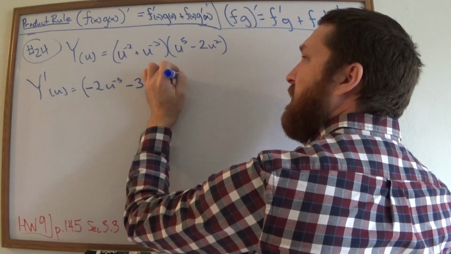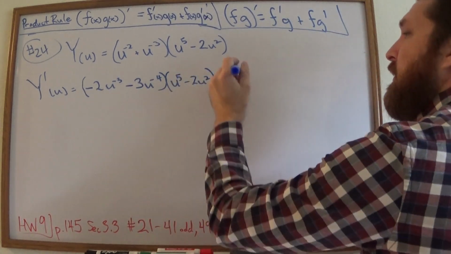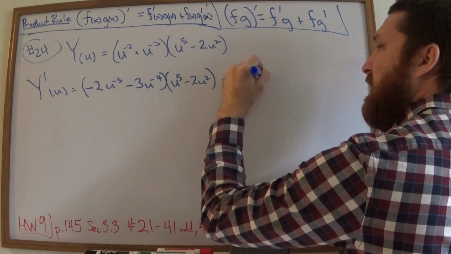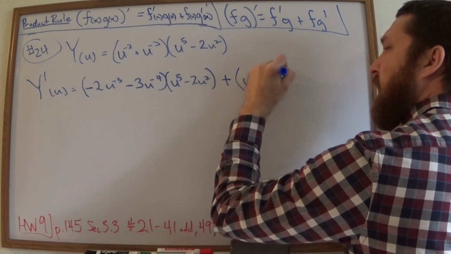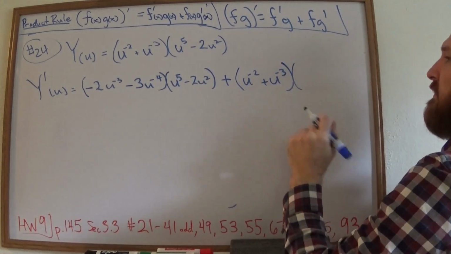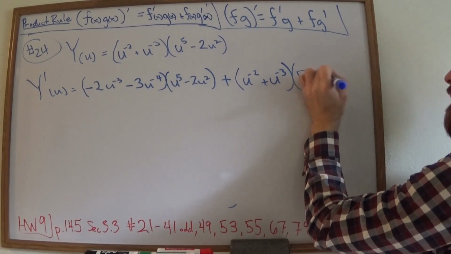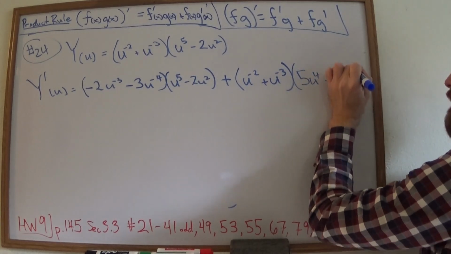Leave the first thing alone, add that to, leave the first thing alone, multiply that by the derivative of the second thing. So what's the derivative of the second thing? 5u to the 4th minus 4u. Yeah, just plain old 4u.